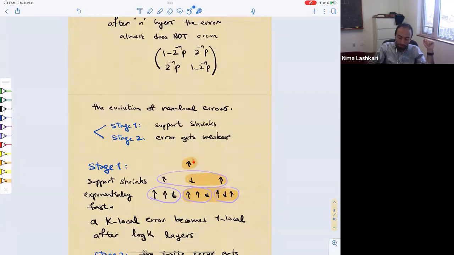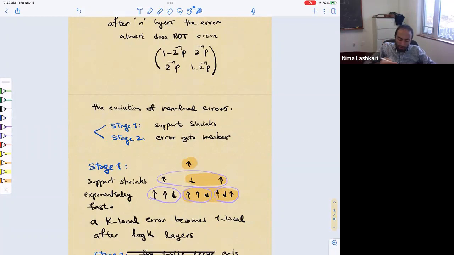In the next step, it pollutes 1 bit, right? So if you start with an error with gigantic support, in the first stage, the support shrinks exponentially fast until it reaches a single site. During this phase, the error is not getting weaker. If you do the calculations, you see that the error is not getting weaker under this flow, but the support is shrinking. Once you hit a single site, stage 2 begins. In stage 2, the error gets weaker with every layer.